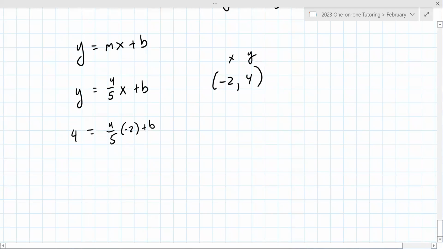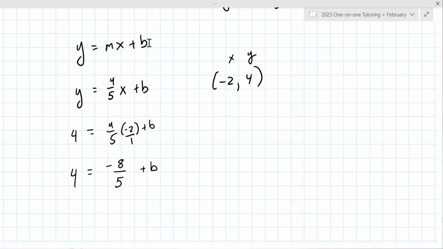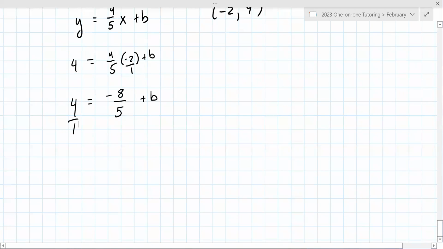Yeah, she wants to make sure it's in that form specifically. Okay, let's see. So you treat -2 as -2/1. Now this will save you a little bit of time. When you recognize that your denominator on the right is different than the denominator on the left, you really want to change the one on the left to match it.